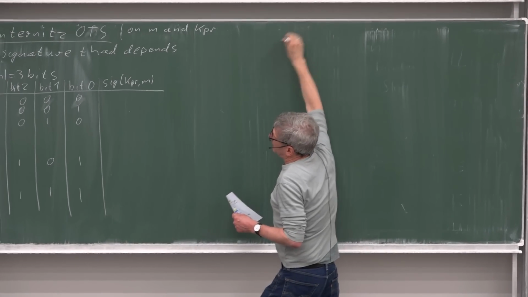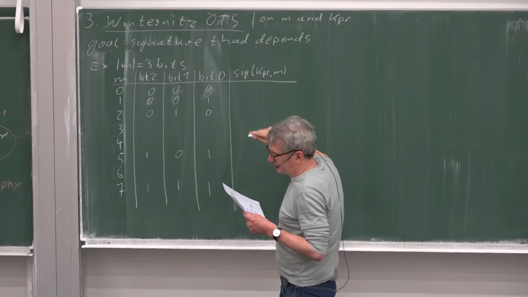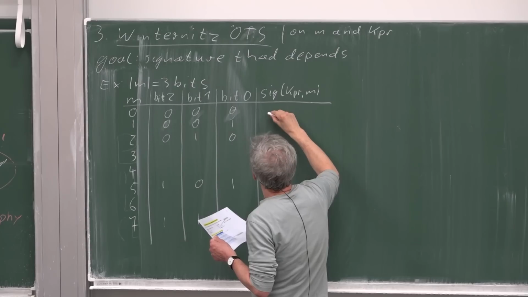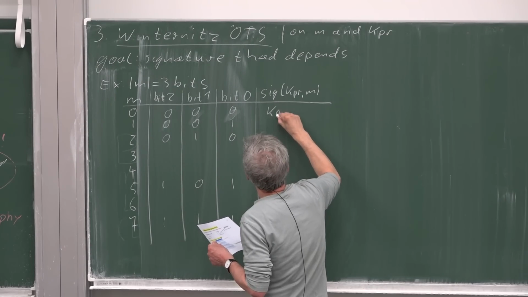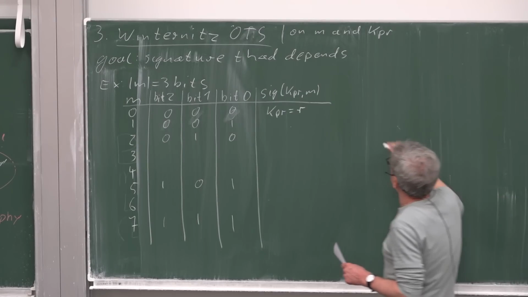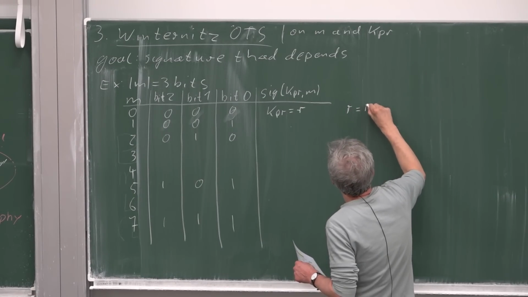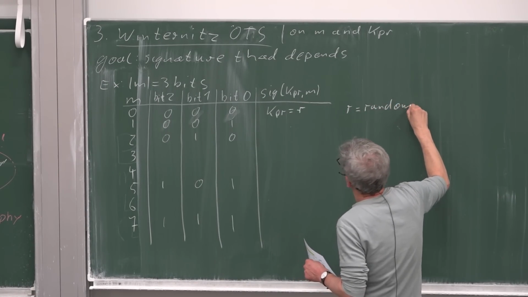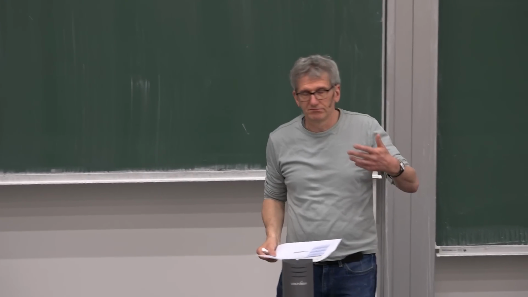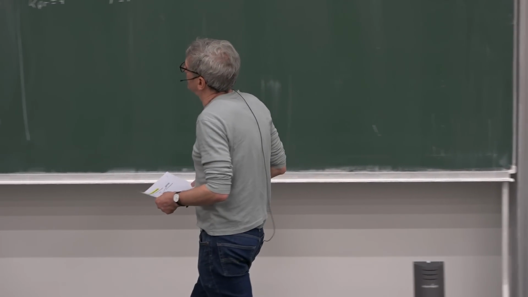So if the message is all 0, we do exactly what we did before. The signature is K private, which is R. R is random, so the private key is again a random number, 512 bits, whatever.